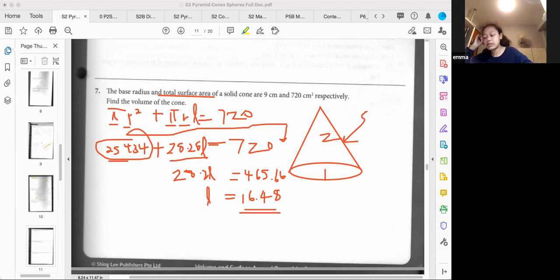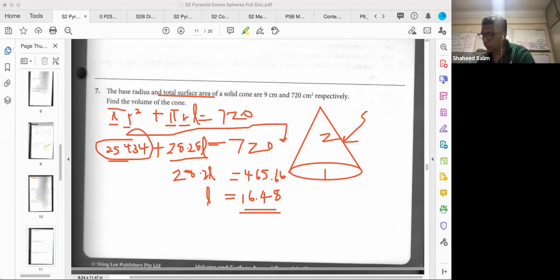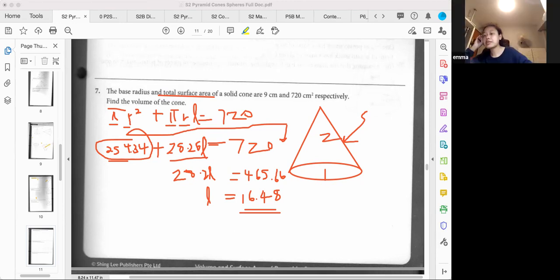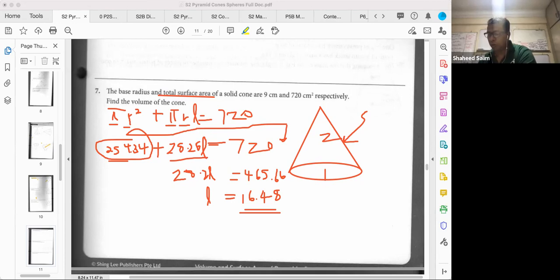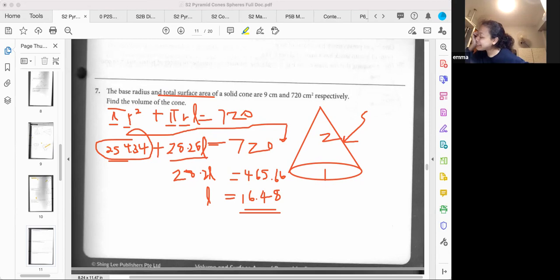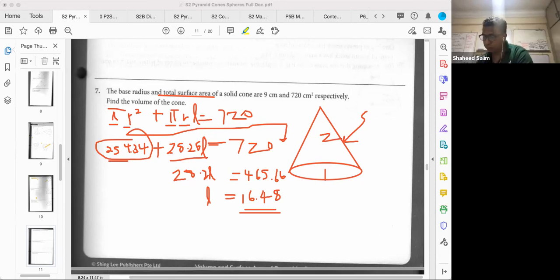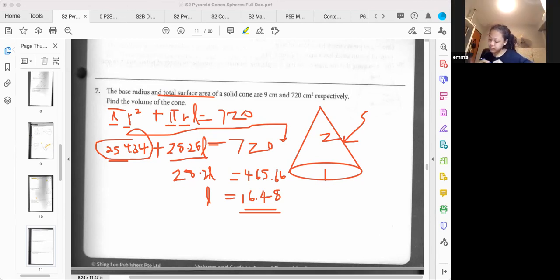1398. What is that? Volume. Okay, just hold on. What is your height? I did it wrong. Pi r squared times height, right? Times height.